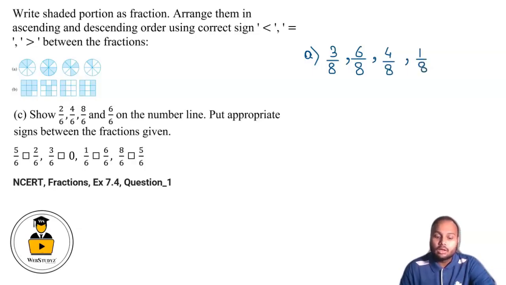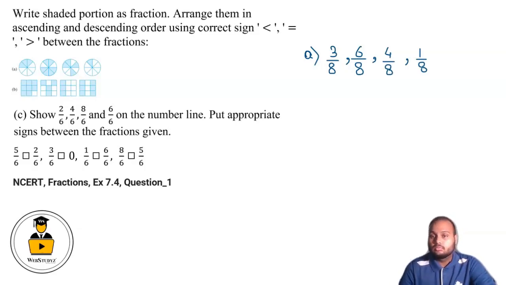Now for the B part of the question, the fractions we have been given here have the same denominator, and we have to arrange them in ascending and descending order.